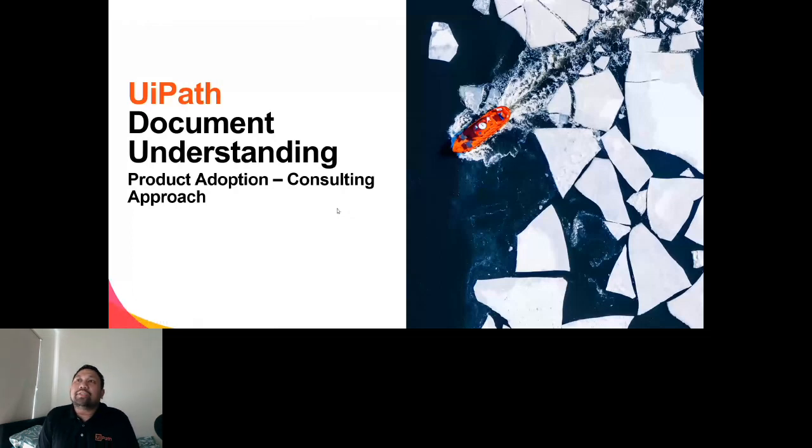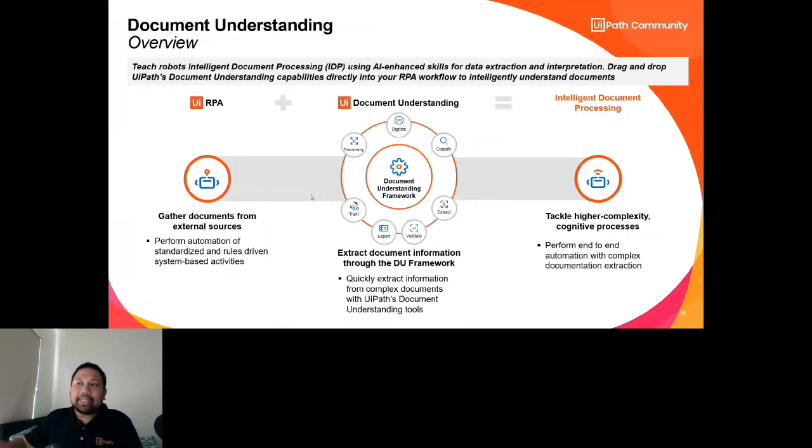UiPath considers document understanding as an intelligent form of process automation, which actually means that we're doing RPA at the same time as leveraging a machine learning model to capture this information and then perform this document processing.